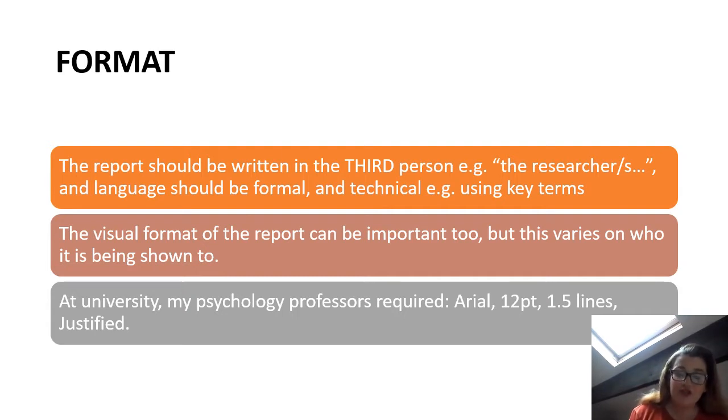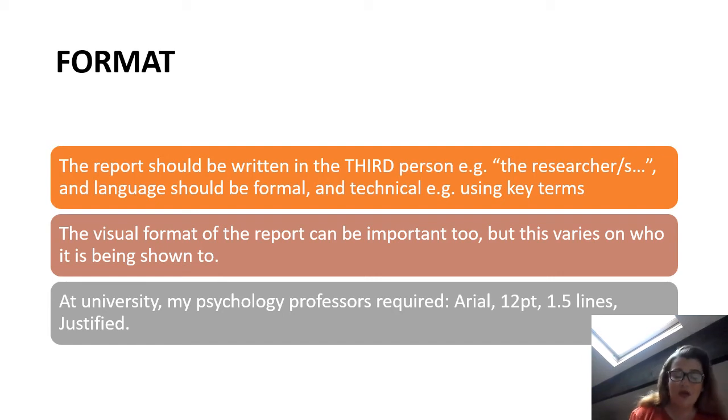Again, the visual format is very important as well, but this can vary from university to university. And universities, when you're carrying out research, your dissertation at undergraduate level might want you to follow a certain format. So you just stick to whatever they tell you. So this is just a bit of background. You don't need to know this bit for the exam, but it's just to prepare you for the future as well.